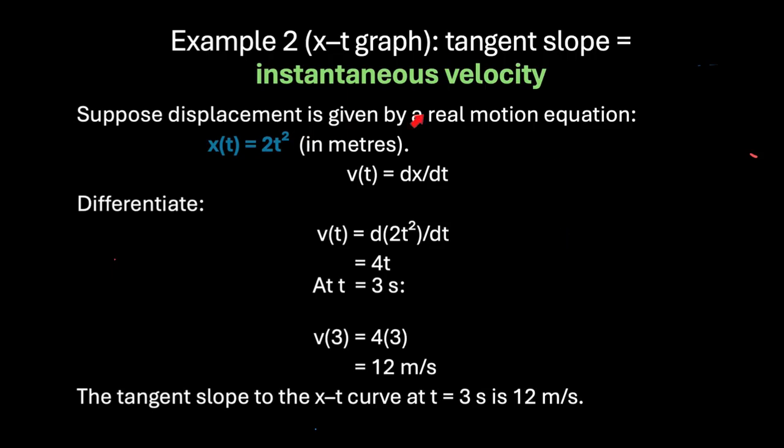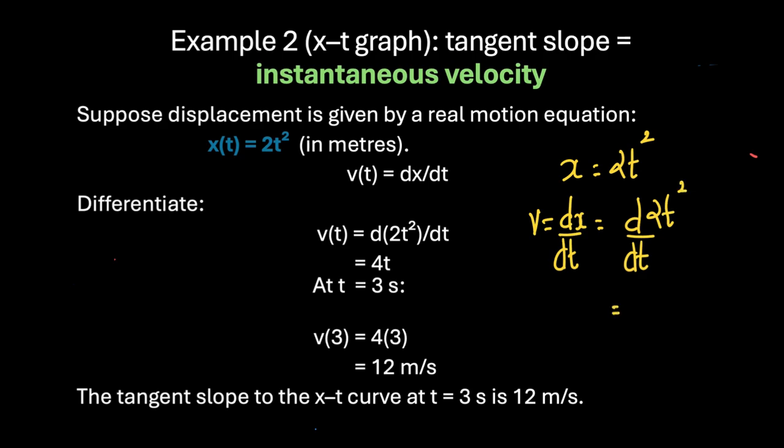Let us now try to visualize this. Okay, maybe just write it down one more time. So x is equal to 2t square. What is v? It is d by dt of x, which is d by dt of 2t square, which is therefore equal to 2 times t to the power 2 minus 1, which is 4t to the power 1, or 4t.